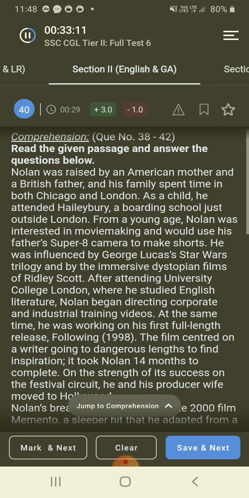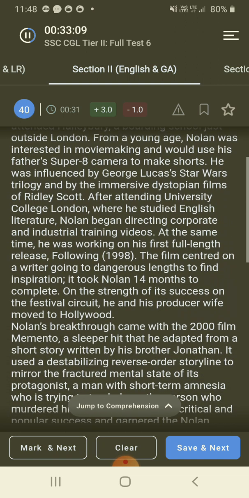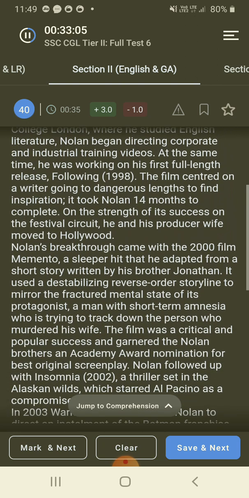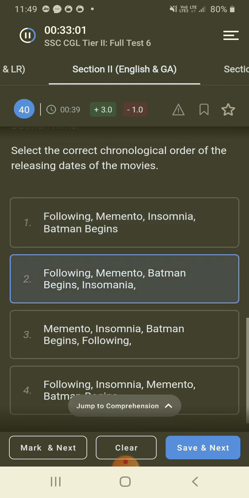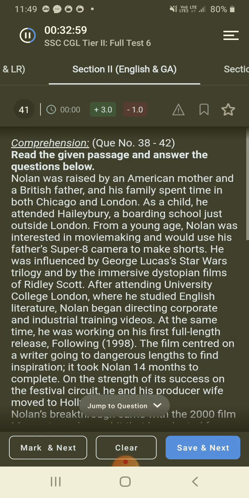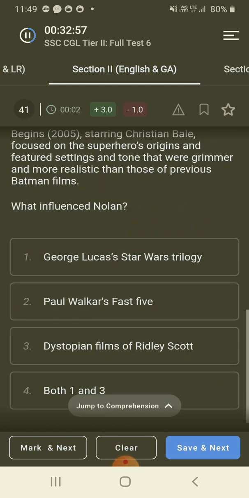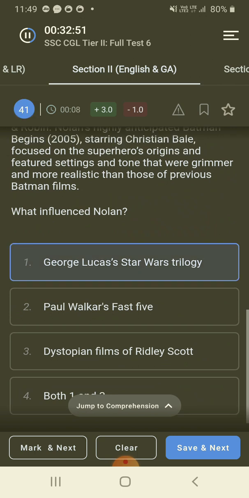At the same time, he was working on his first full-length release, following 1998. Following Memento. What influenced Nolan? George Lucas' Star Wars film.